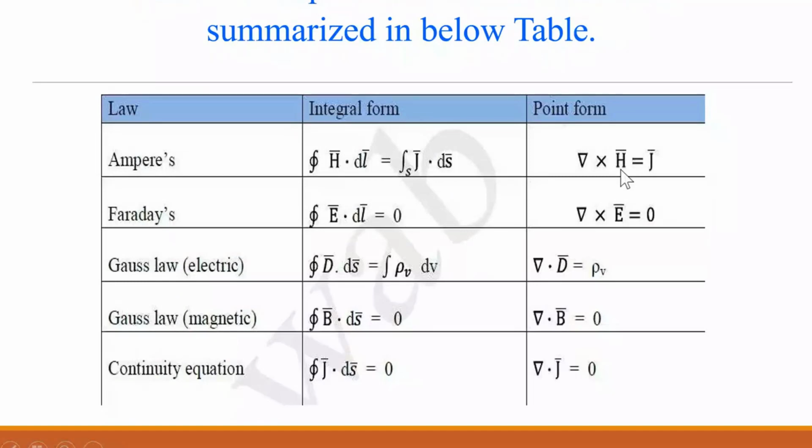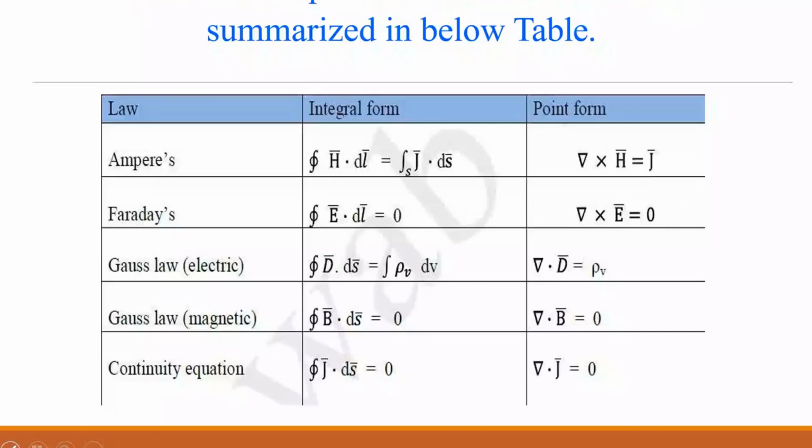Faraday's law: according to Faraday's law, closed integration of E dot dl is equal to 0 because the field is a static field. Remember this, as this is where the changes are made for time varying fields, because for steady state there is no change in flux. The current is steady, so there is no change in flux, and a magnetic field does not develop.